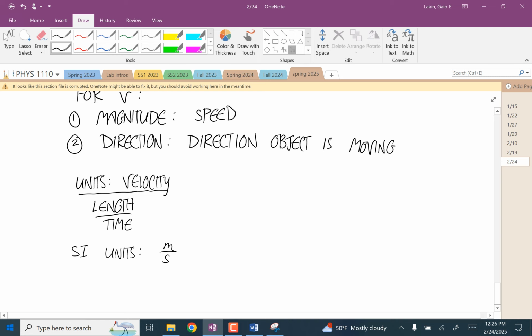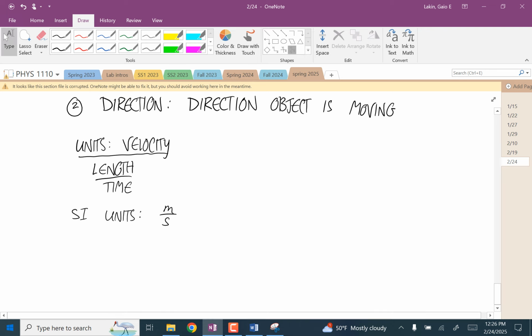If you look back at all the stuff we did with 1D, the units for position, velocity, and acceleration are the same in 1D and 2D. It's just that you represent them now as a vector instead. Okay, so here are 3 important facts to keep in mind about velocity vectors.